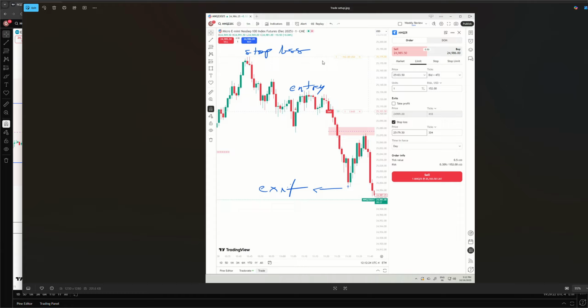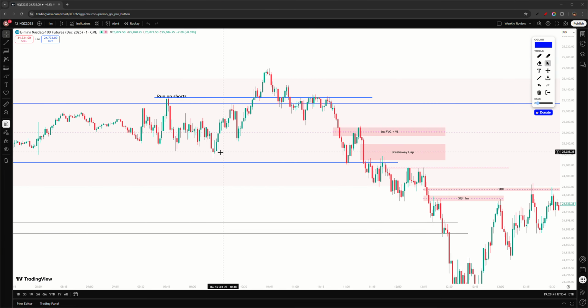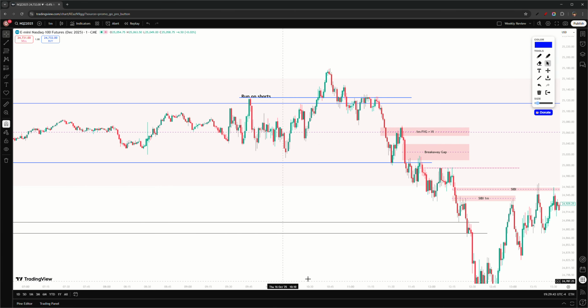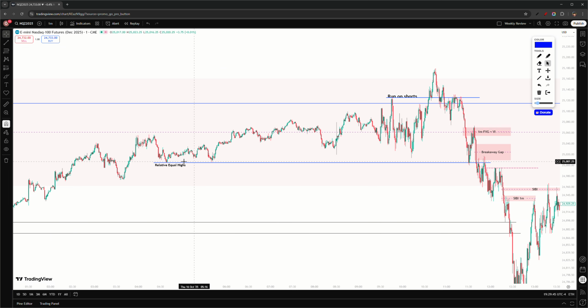I tried not to place my stop loss really tight, because we can have a retracement and price is just going to tap into your stop loss and take it. So my entry was here, and I got out here. I got out once those relative equal highs were tagged, because I was thinking that that is the main objective for today.